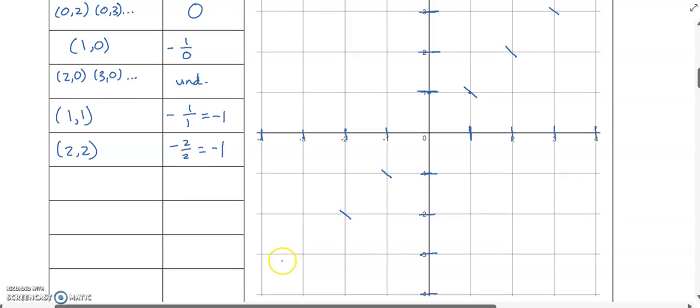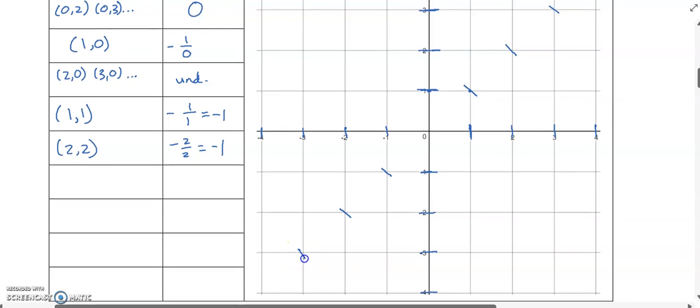And we can keep on doing this for all the points on the plane. Another nice one to try is maybe (1, negative 1). The x value is positive 1 and the y value is negative 1, so the double negative gives us positive. So at (1, negative 1), we have a slope of 1.